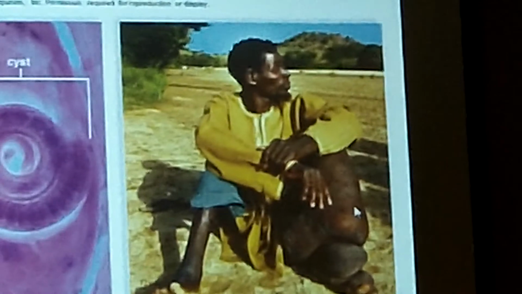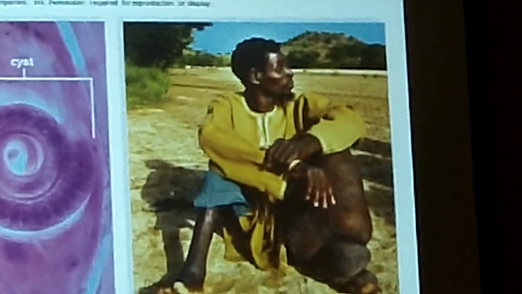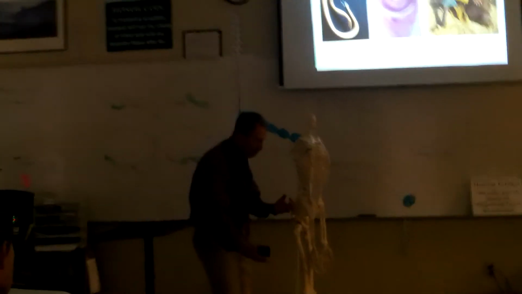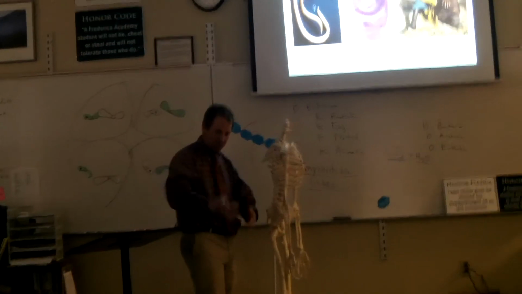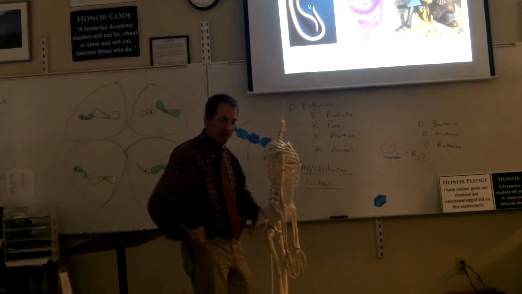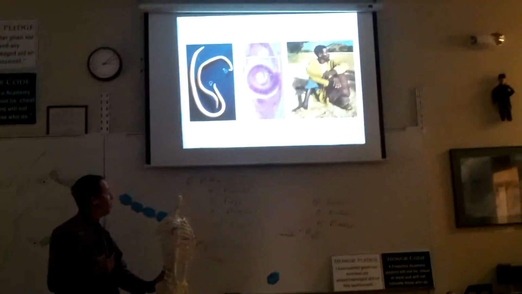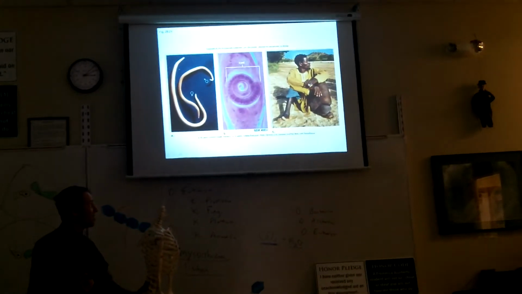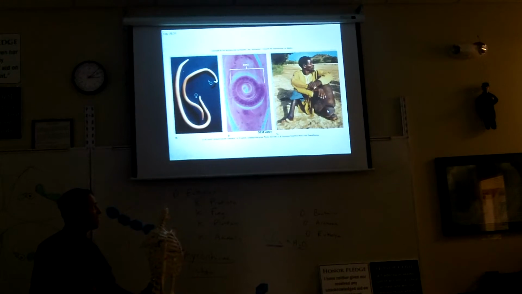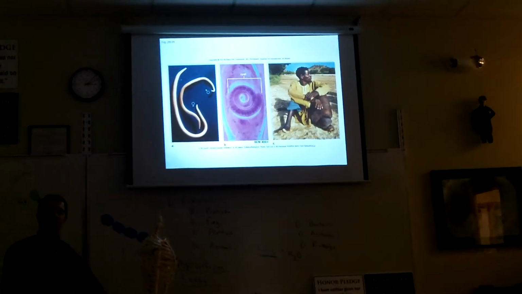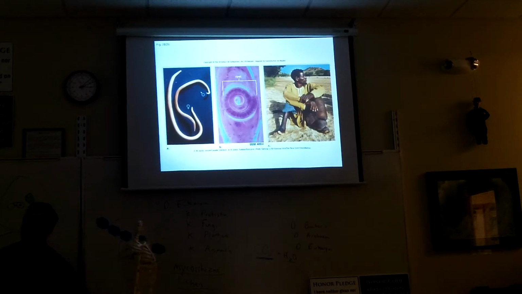All the cells are swelled up with water because a worm is blocking the vessels in his body that remove water from his leg. You have vessels that circulate water around your body called lymphatic vessels. And a roundworm got in one of his vessels and blocked it, and the water couldn't leave his leg. So the water gets absorbed by the cells, and the leg grows huge. It's called elephantiasis.